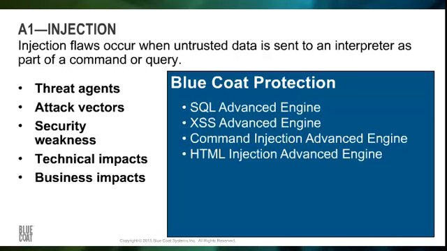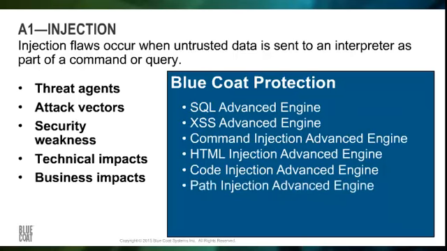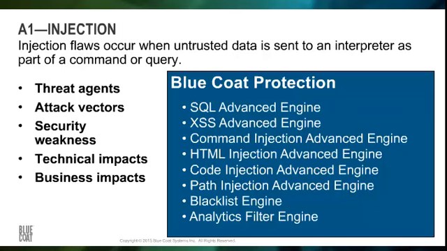The Code Injection Advanced Engine blocks Java, PHP, JavaScript, and SSI language constructs. The Path Injection Advanced Engine detects obfuscated directory traversal attacks. The Blacklist engine blocks known bad attack patterns, and the Analytics Filter engine blocks a variety of attack families based on anomaly correlation.